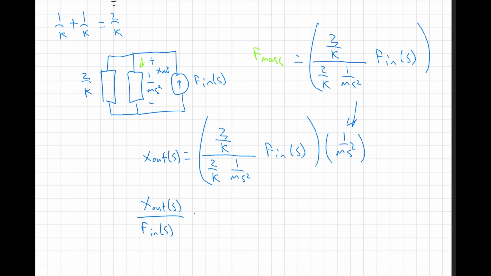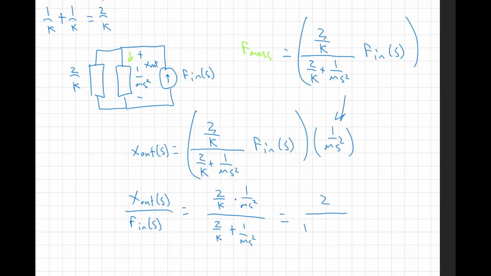That is the transfer function. That's going to be equal to 2 over K times 1 over ms squared, over 2 over K plus 1 over ms squared. And what we can do is simplify this into 2 over kms squared multiplied by 2 over k plus 1 over ms squared.